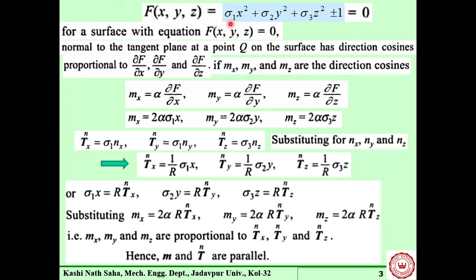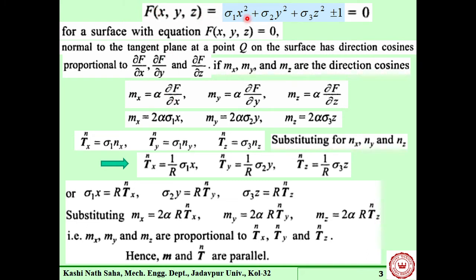If f(x, y, z) is given by this particular equation, let us calculate del f del x. And del f del x is proportional to mx. Say alpha is our proportionality constant. So mx is alpha into del f del x. What is del f del x?